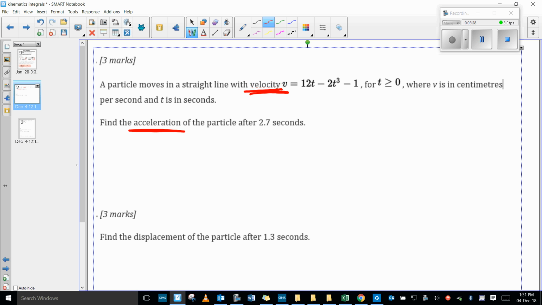So we're going to differentiate this expression first, and then, Olivia, we will stick the value in. Yes? So, dv/dt, or maybe we'll write a equals dv/dt, so when we look back at this, we know what we're doing. So what's the derivative of 12t minus 2t cubed minus 1 now? Ali, what has that? So we're differentiating.